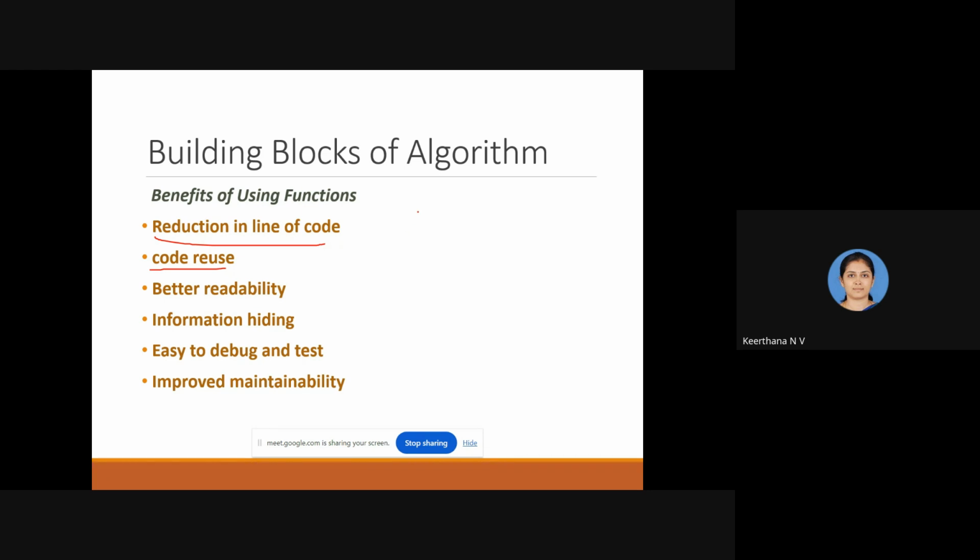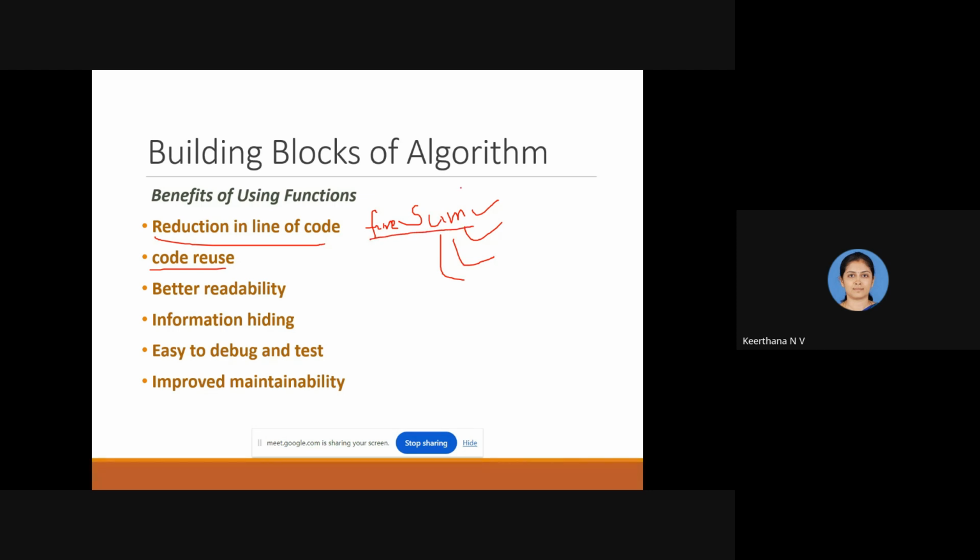Suppose consider the sum of two numbers. I have this sum as a function, and I want to add four sets of numbers. For the first set I will call this same function. For the second set of numbers I will call the same function. For the third set also, and the fourth set also, I call the same function.